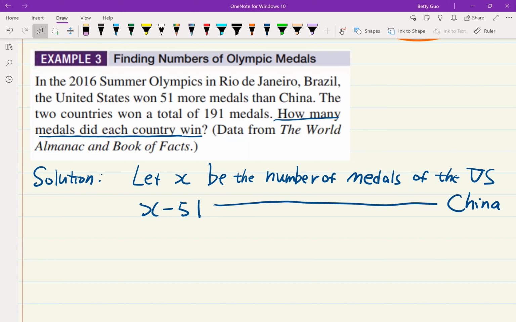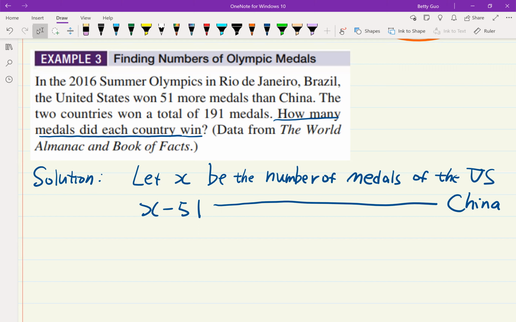Since US won 51 more medals than China, the number of medals of China would be X minus 51. So we were here yesterday. We use variable X to represent both the number of medals of China and of the US.